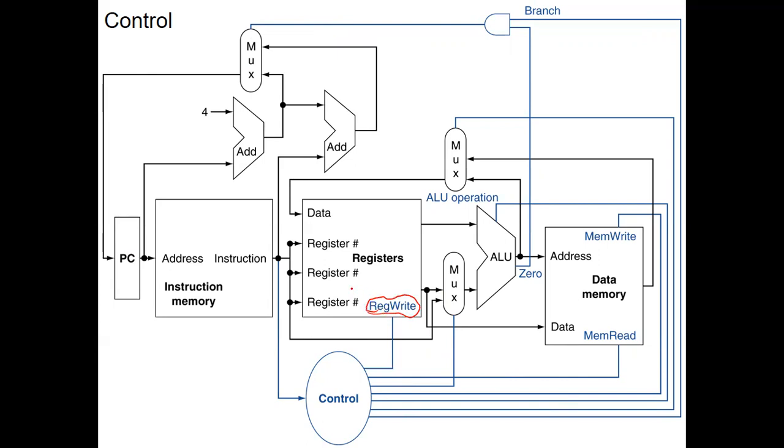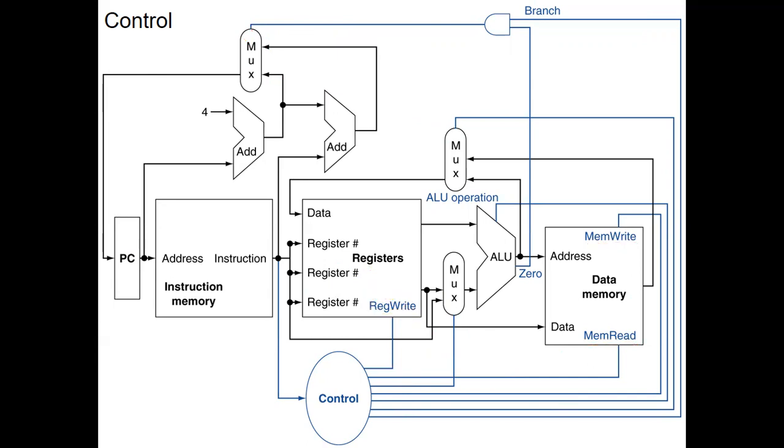Is a write allowed to the register file or not? If it is 1, then you can write into the register file. If 0, then you can't. Similarly for the memory read and the memory write. But there are others, for example, the controls supplying the multiplexers, which are not quite complete yet.